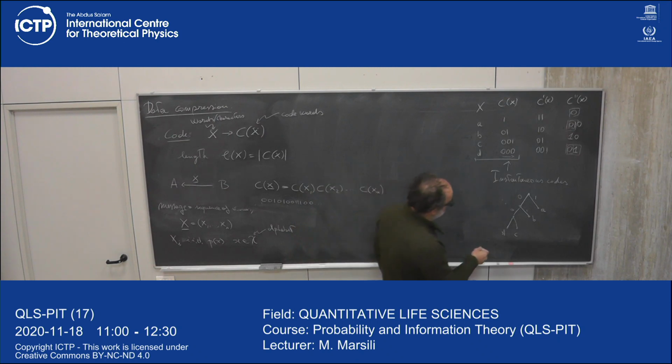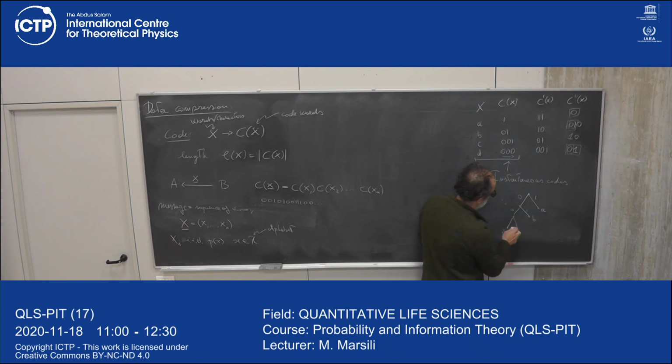Now you see explicitly the fact that any code word corresponds to a leaf of this tree, and there is no code word that is an ancestor of any other code word. So if you go from a code word up to the root, then you never encounter any other code word.